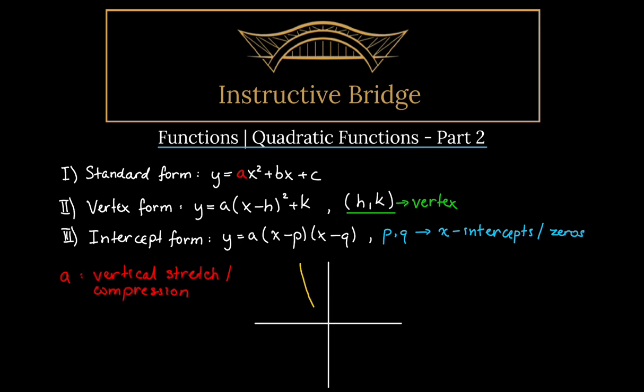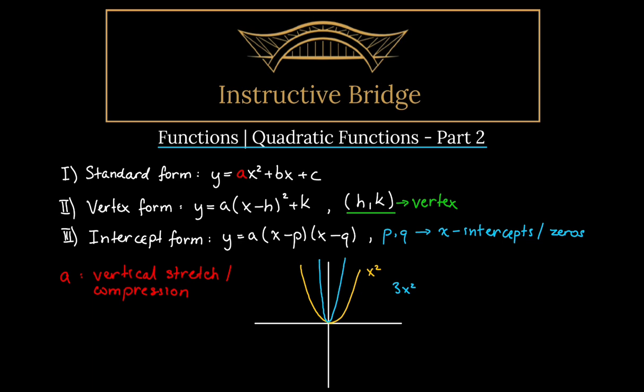So let's say that the x squared function looks as so, the standard one without any stretching or compressing or shifting anywhere. Now, the greater the value of the leading coefficient, the thinner the parabola is going to be, and vice versa. So for example, if your a were say 3, then you would have 3x squared. The parabola would look something like this.